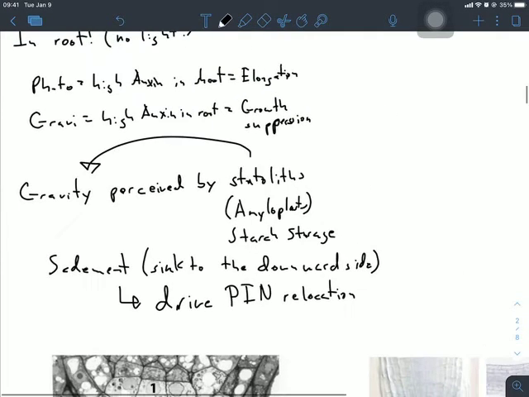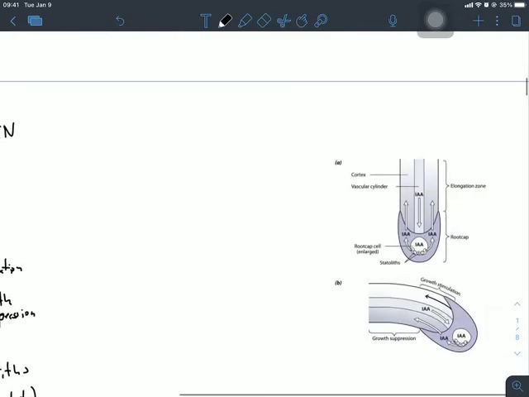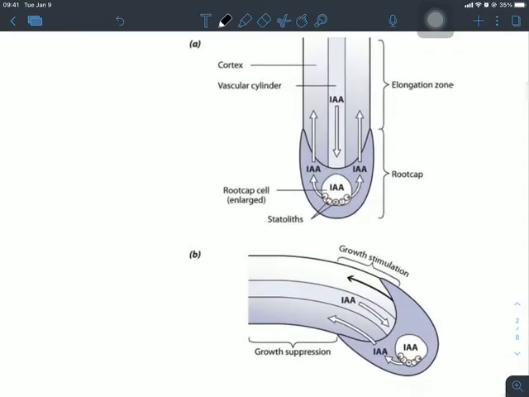So what does that mean practically? Well, in this image from your textbook, we have our root cap and our statoliths and the indole acetic acid, auxin, being trafficked. We see that when the root is facing down, the basipetal transfer is equal on both sides, allowing the elongation zone to be even on each side.